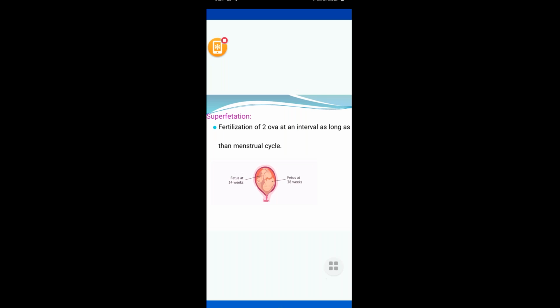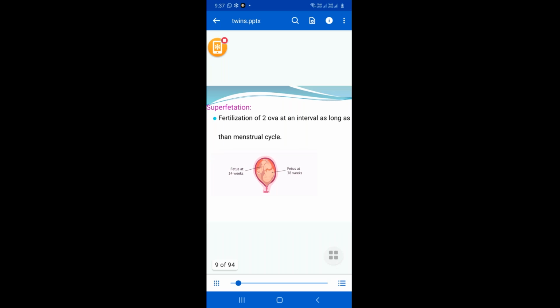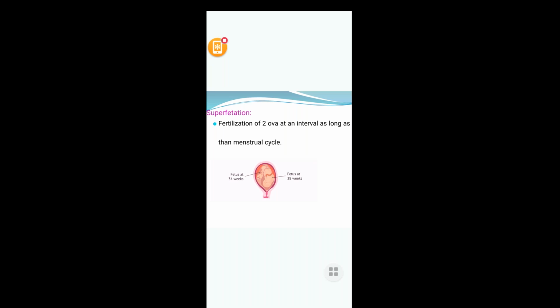whether we have missed the second fetus or embryo during the first scan, or it might be a result of superfetation, where the first fetus will be of 8 plus 6, 14 weeks gestation, and the second fetus will be of 5 weeks gestation. Then you need to think that it might have resulted from superfetation.